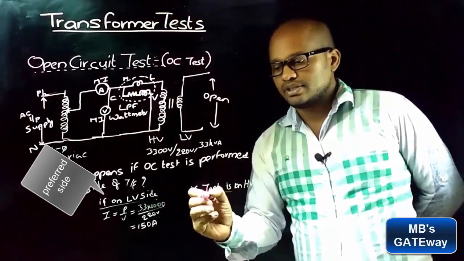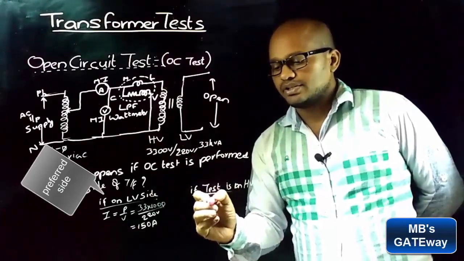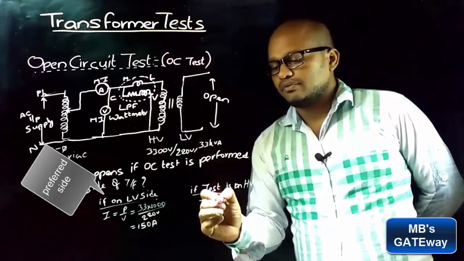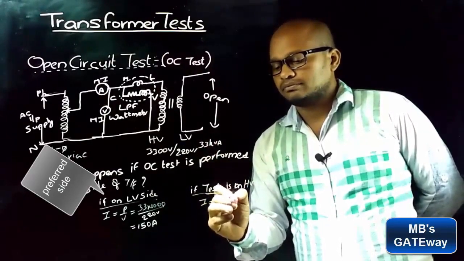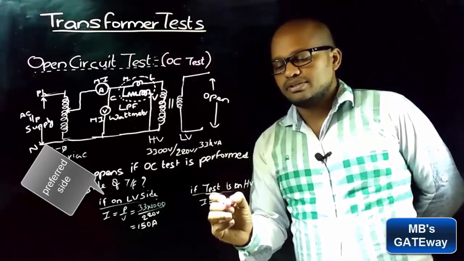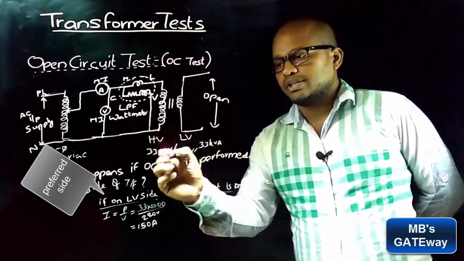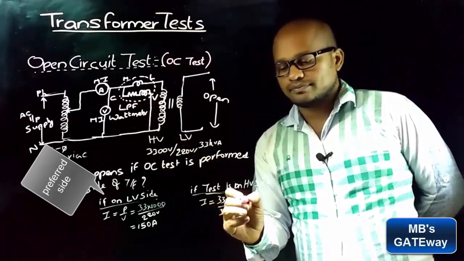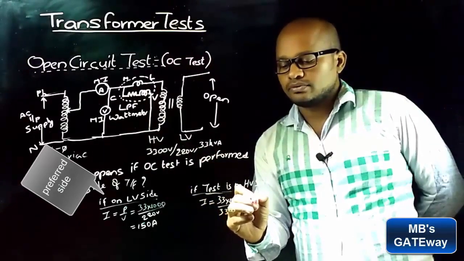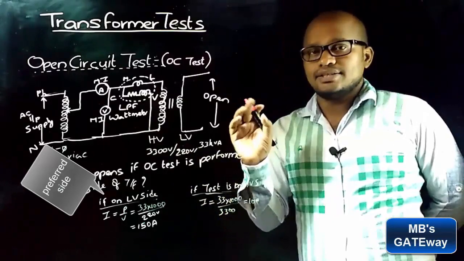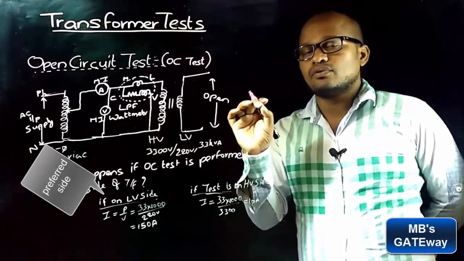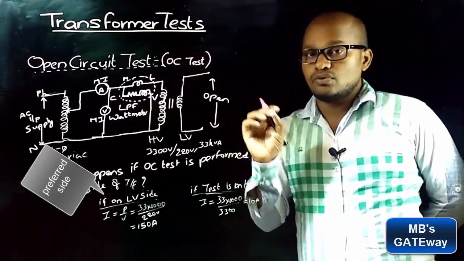And now come to this case. Here the rated current on the HV side is P by V, where P is the rating of the transformer and V is the rated voltage on the HV side. Rated voltage on the HV side is 3300 volts, which gives you 10 amperes. As it is studied, an open circuit transformer will draw a current of 4 to 5% of the full load current.